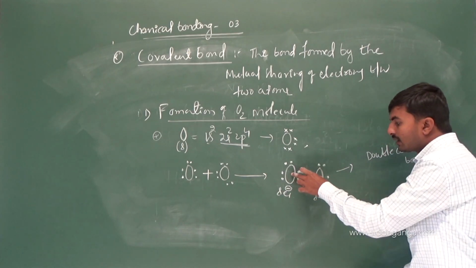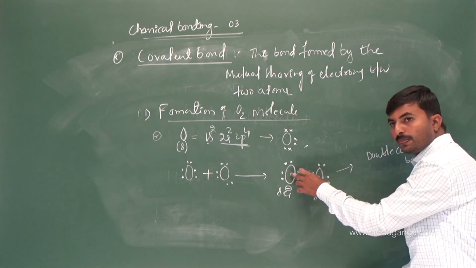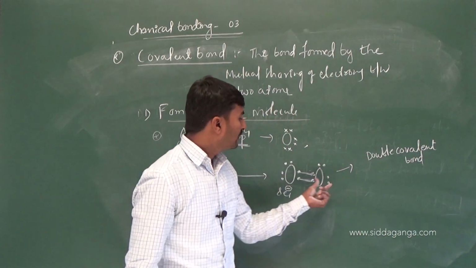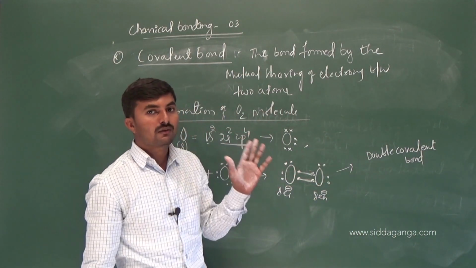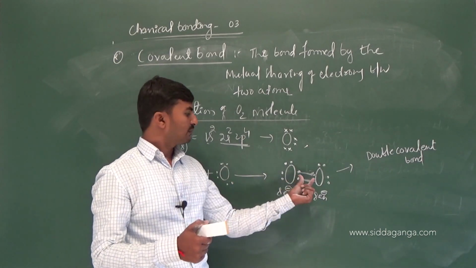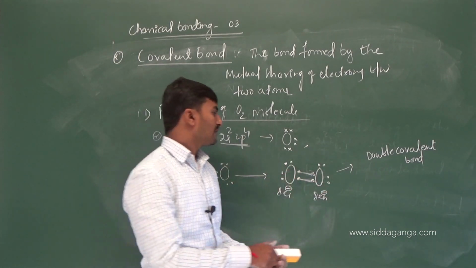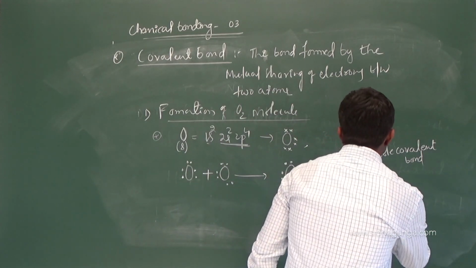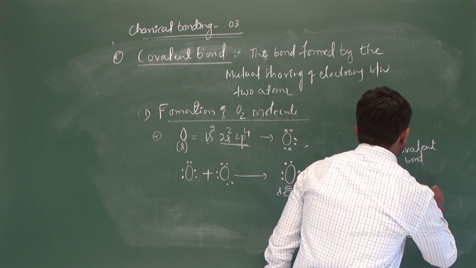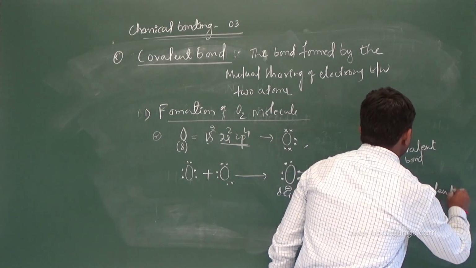But here both the atoms are the same, so there is no unequal sharing of electrons. Instead, equal sharing of electrons takes place between both the atoms and results in the formation of a non-polar covalent bond. This is a non-polar covalent bond.